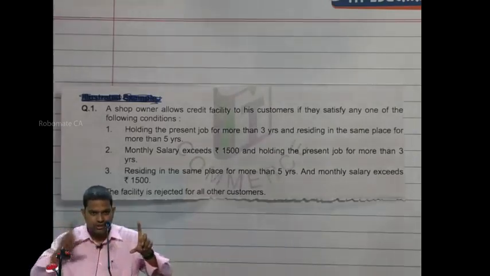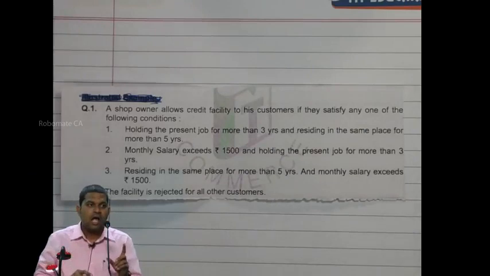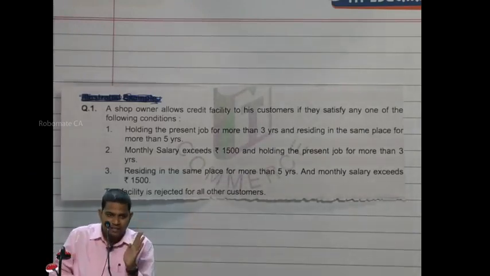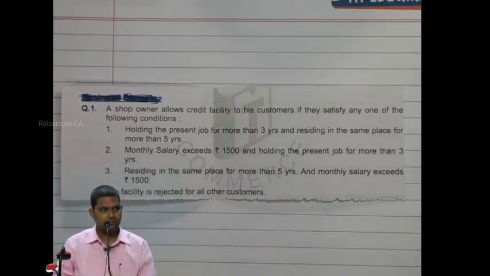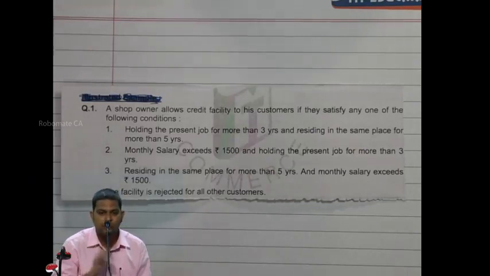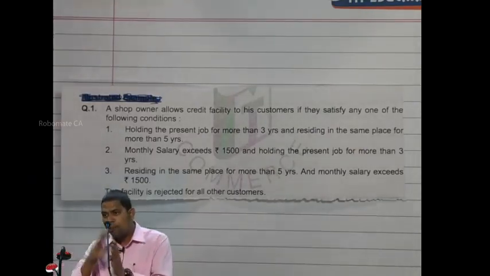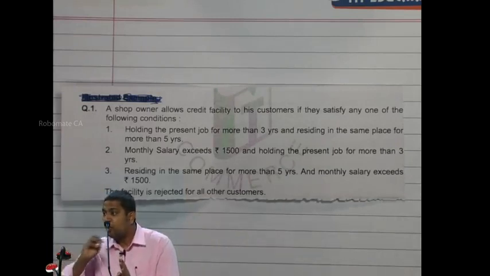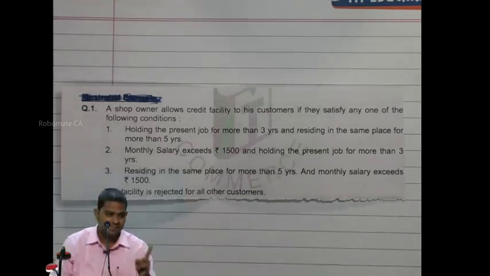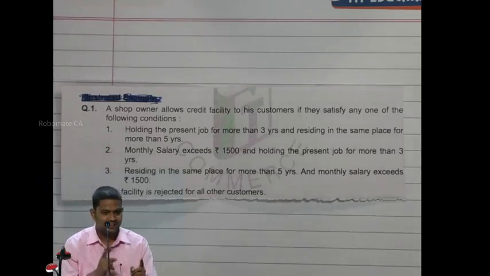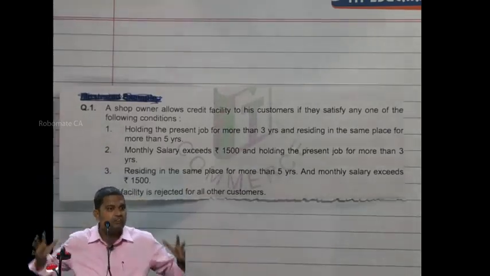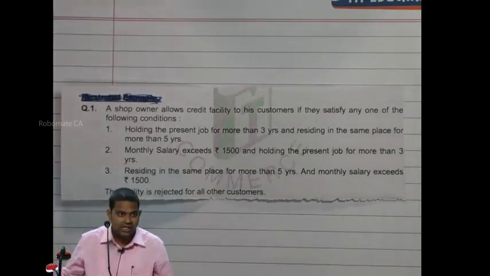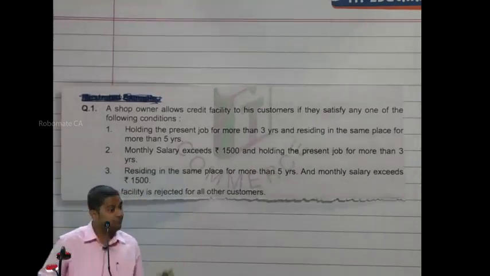It's a rectangular box with 4 parts. The top left part will be showing all the available conditions. That is also called the condition stub, S-T-U-B. The top right hand side will be showing all the rules. This is yes, this is no. This is yes, this is no. This is no, this is no. All permutations and combinations we will be studying. How many to study? For that also there is a formula. We will be learning.